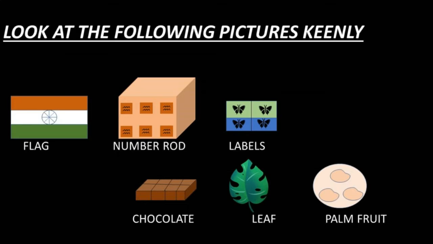Look at the following pictures keenly. Flag, number rod, labels, chocolate, leaf, palm fruit. The given pictures are divided into equal parts.